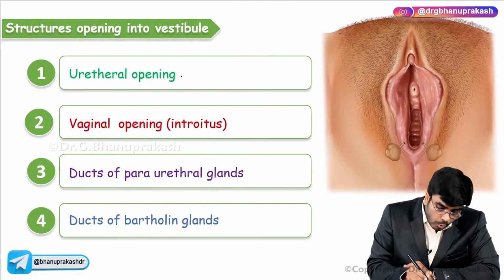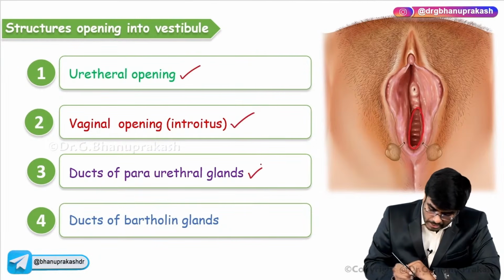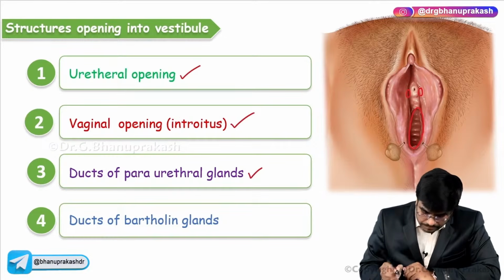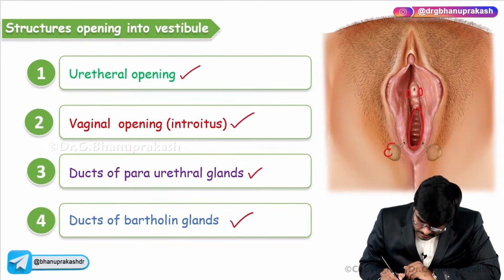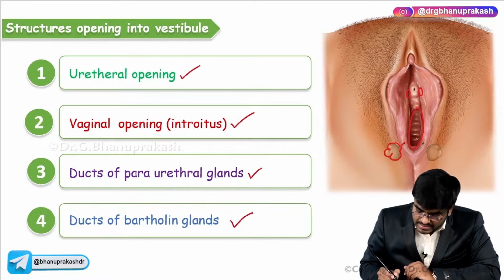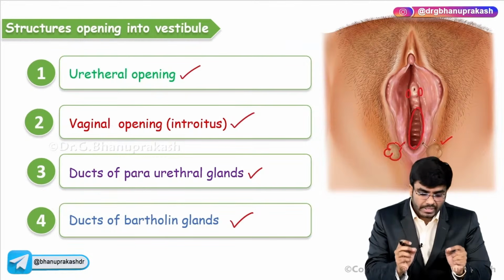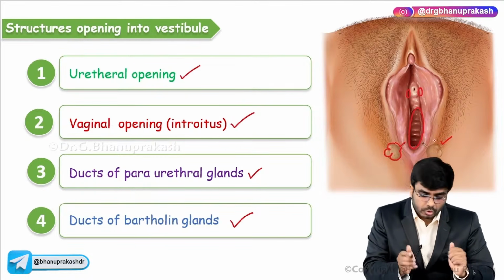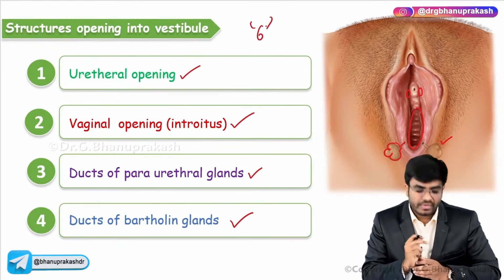Urethral opening is present, vaginal opening is present, that is the introitus, and ducts of paraurethral gland, and ducts of Bartholin glands. These are the greater vestibular glands, also known as Bartholin glands. So Bartholin gland ducts also open into this vestibule. Important. So totally how many structures, guys? 6 structures open into the vestibule.